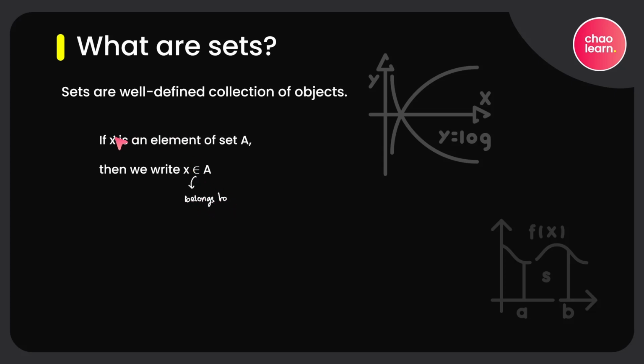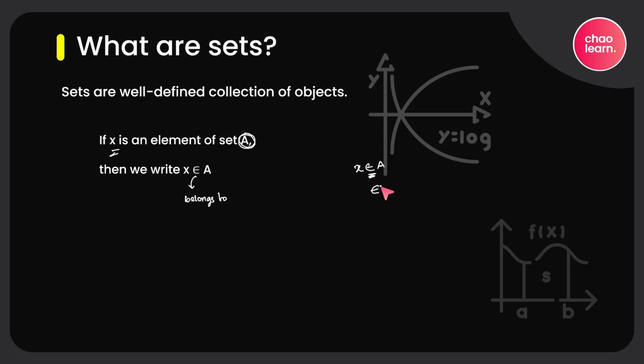So if X is a part of set A, so here we have this small letter X is a part of this set A. So X is an element of set A, then we write it as X belongs to A, right? So this is what we call belongs to.